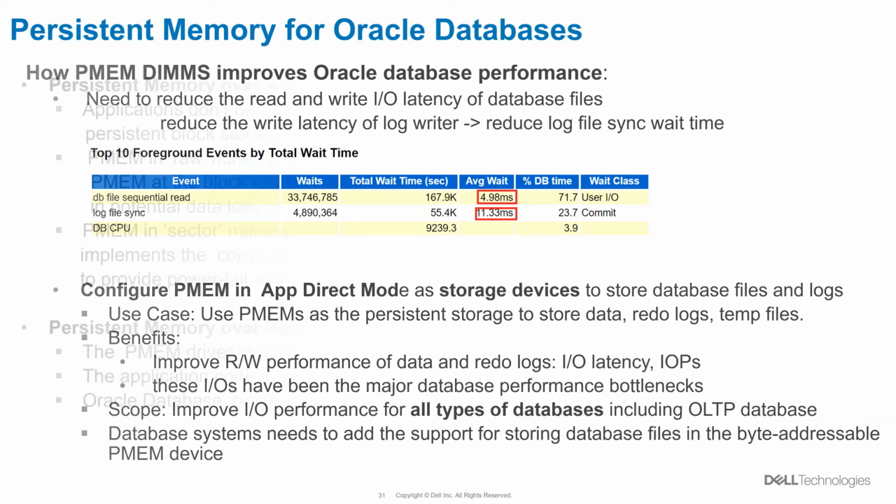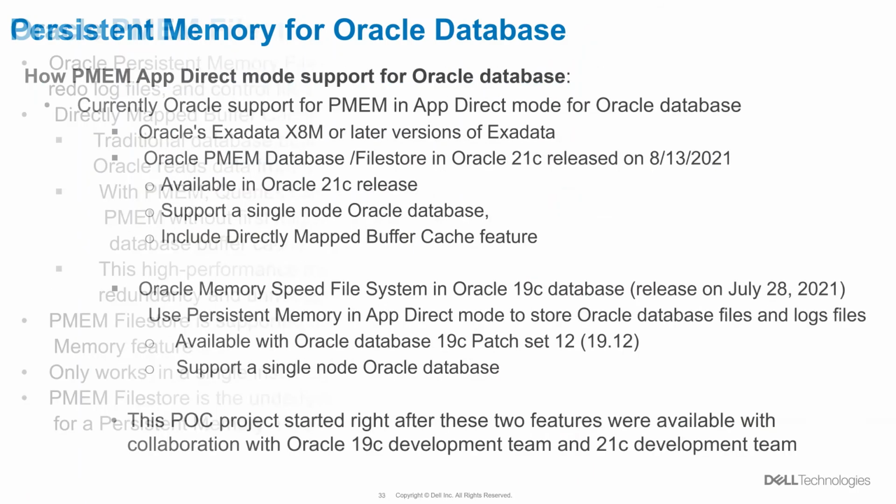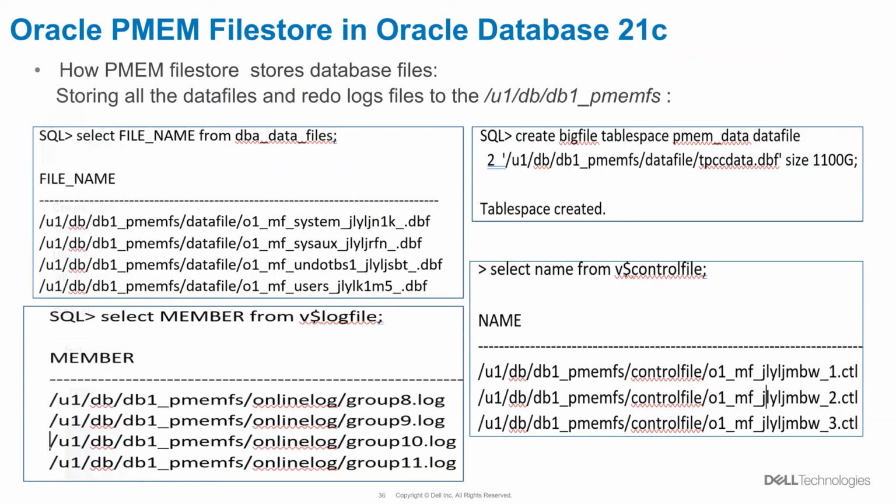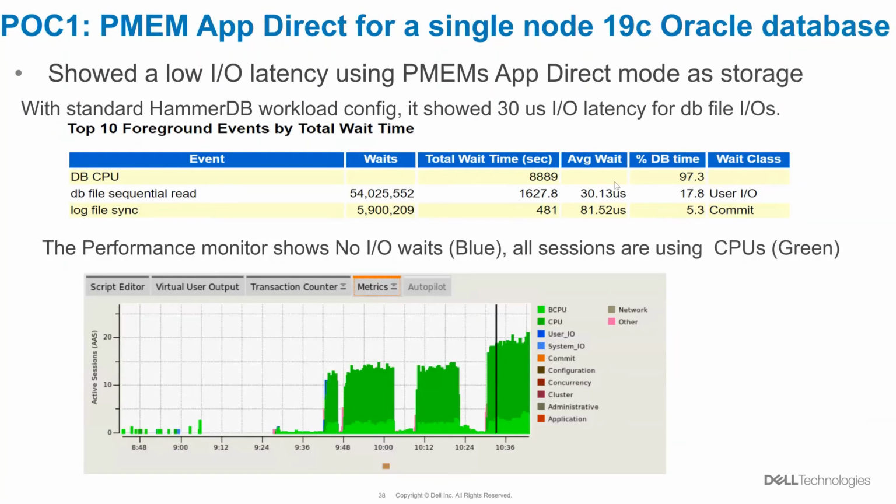So when we ran the same workload, in this case, I think this is actually 19C. Yeah, we used the 19C feature.